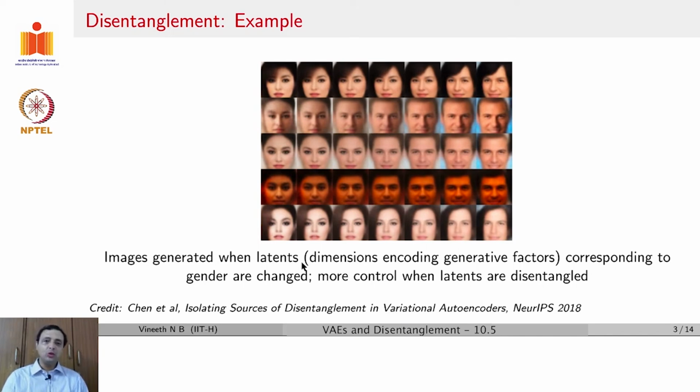So if we knew which latent variable corresponded to gender, one could manipulate that latent variable alone to be able to generate different images of different variations going from, say, female to a male gender, as you can see in the example here.